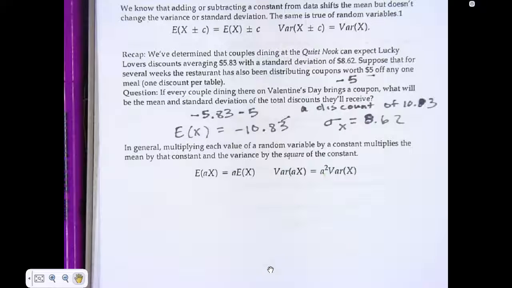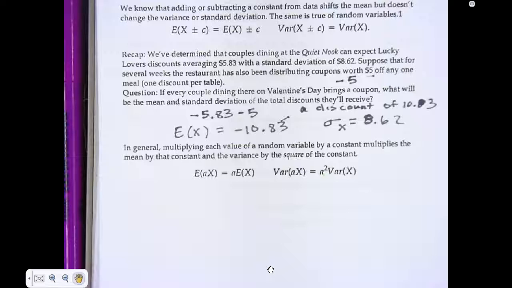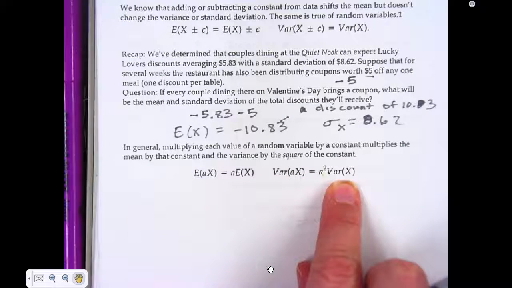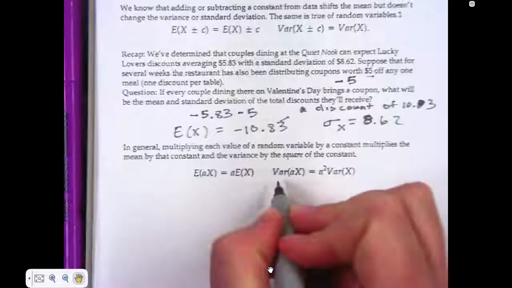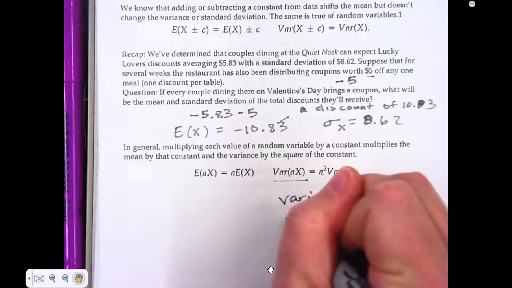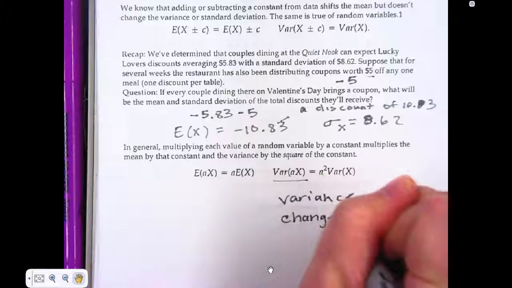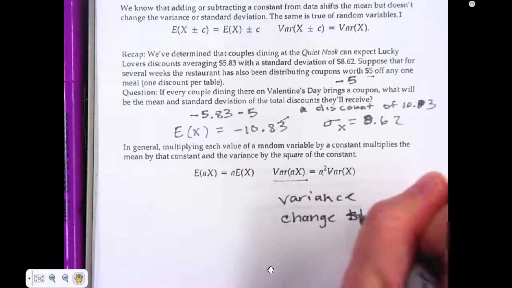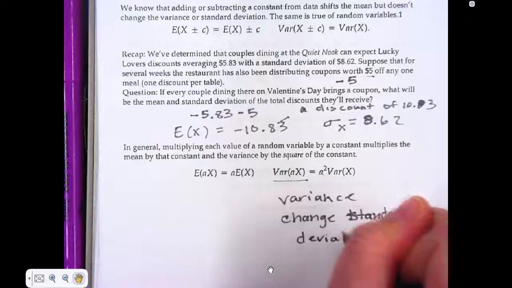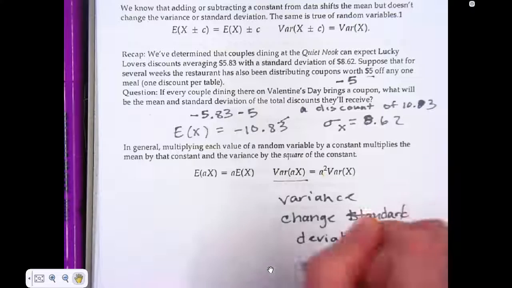Now, going back to what we did before, when I multiplied the data set by a number, the mean also changed by that amount. Now, your variance is going to change too, but this one's a little bit different. Notice they gave you a formula for your variance, not your standard deviation. So if you have standard deviation, you have to change standard deviation to variance to use this.